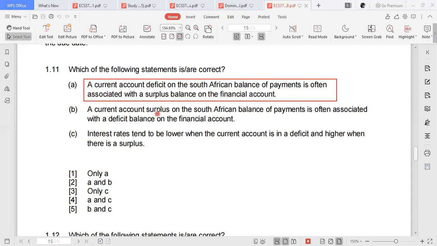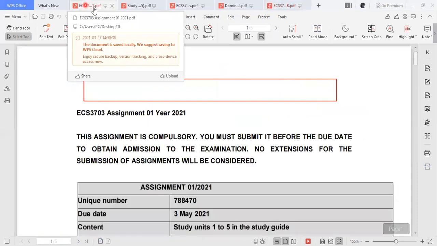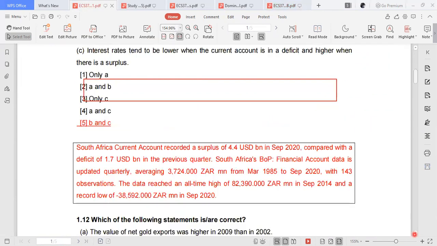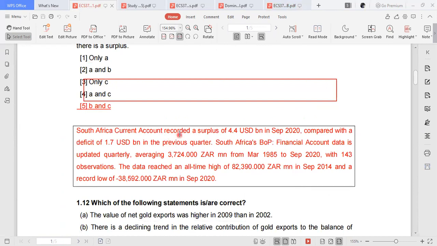The current account balance of South Africa is actually on a surplus side. South Africa's current account recorded a surplus of 4.4 billion USD in September 2020.